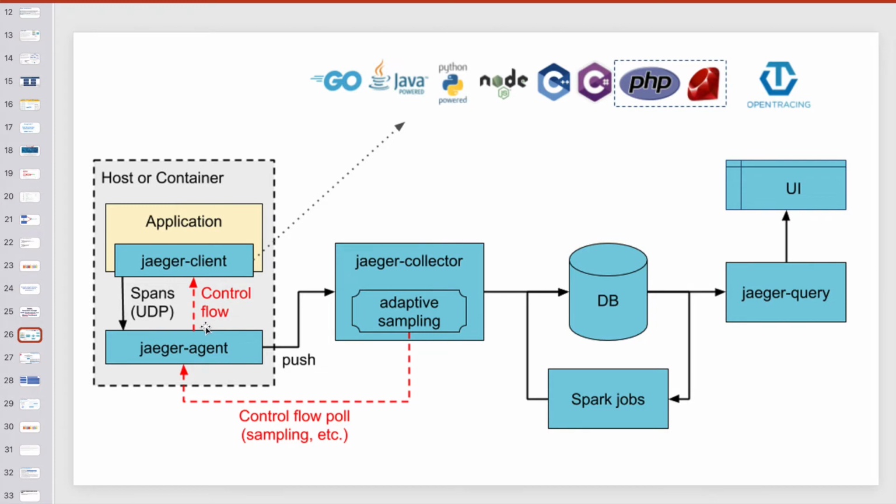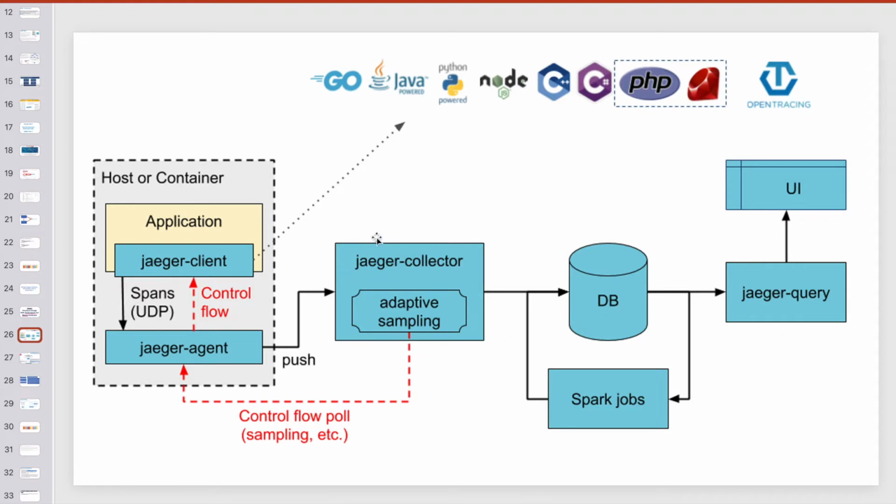As I already explained in the previous video, this is your application and you need the Jaeger client. The Jaeger client takes the data depending on the sampling mechanism or intervals, puts it into the agent, and the agent, through the sampling mechanism, forwards the data to the Jaeger collector. The Jaeger collector is connected to the database, in this case Elasticsearch, and Jaeger query takes the data from Elasticsearch and shows it in the UI.